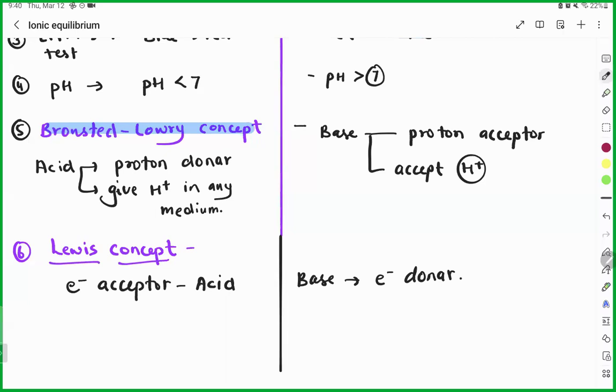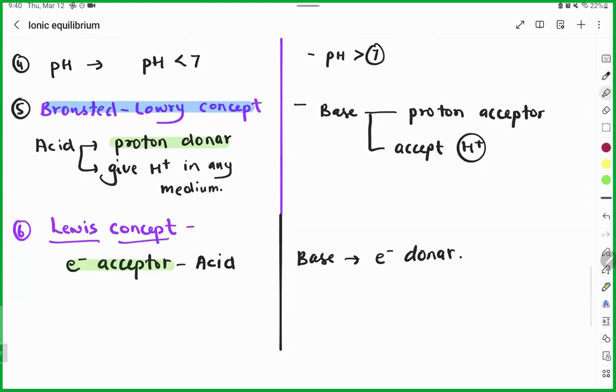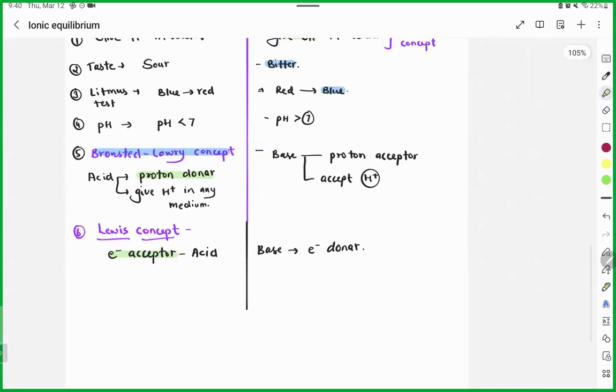Second, Bronsted: gives H positive ion in any medium, acid; accepts H positive ion, base. Or proton donor, acid; proton acceptor, base. And opposite to proton, you have electron. If anything donates proton, it will accept electron. Correct? So these are the three very popular, very important points.